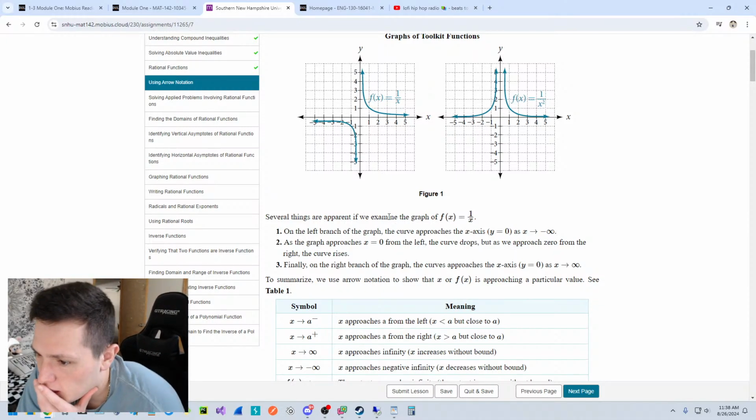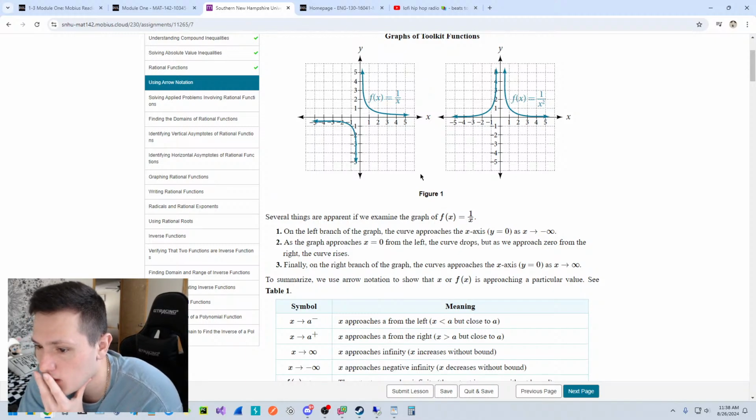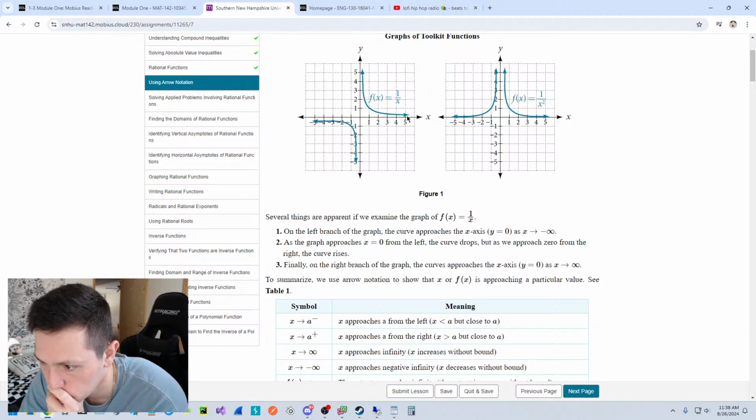On the left branch of the graph, the curve approaches the x-axis. Left branch of the graph. So, I guess this is the branch? I don't know. As the graph approaches x equals 0 from the left, the curve drops.